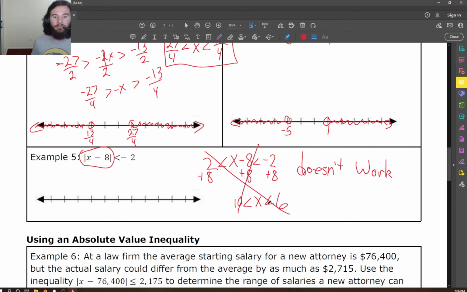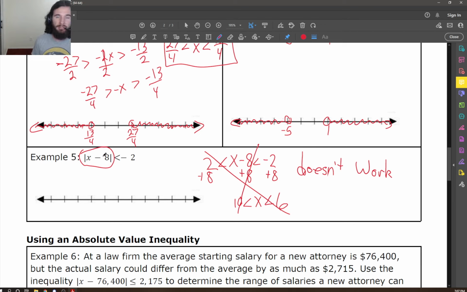In fact, if you tried to check for extraneous solutions, if I put in 10 over here, it'd be 10 minus 8 is 2, and positive 2 does not equal negative 2, and I can put in 6 and do 6 minus 8 is negative 2, but you take the absolute value, it's positive 2.